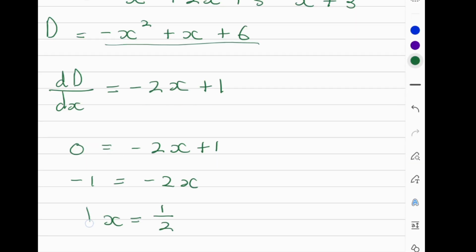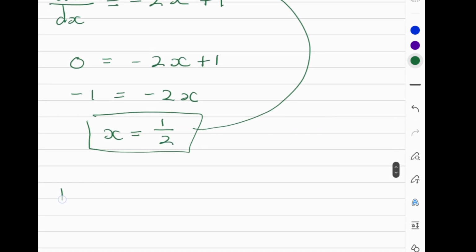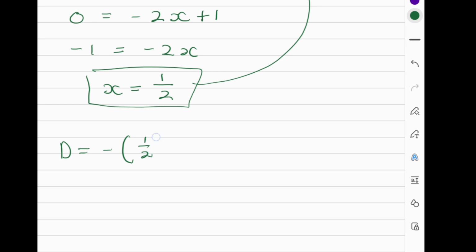And then I can take this x here and plug it back into my distance equation. So then I get D is equal to minus 1 over 2 squared plus 1 over 2 plus 6. So that gives me minus 1 over 4 plus 1 over 2 plus 6.